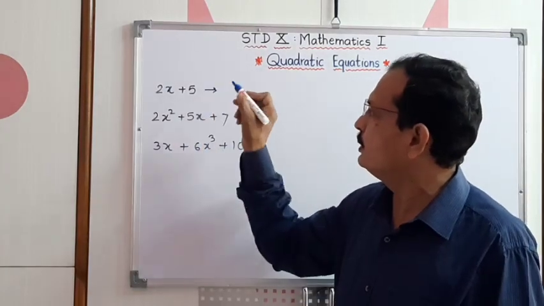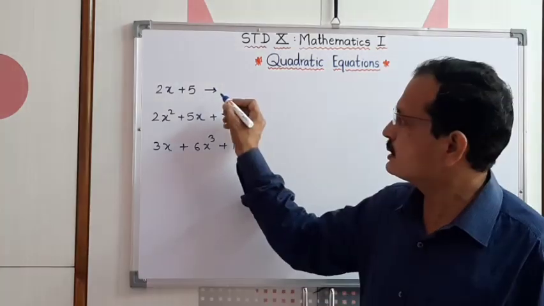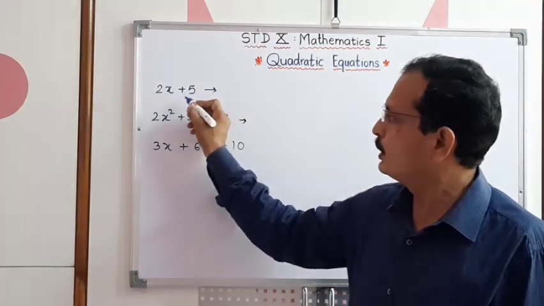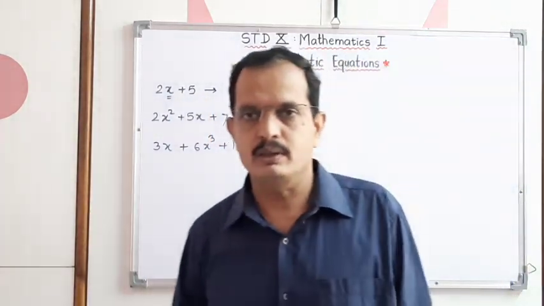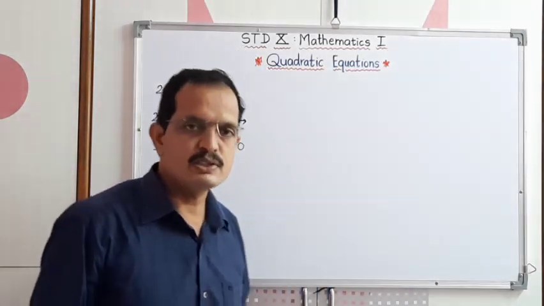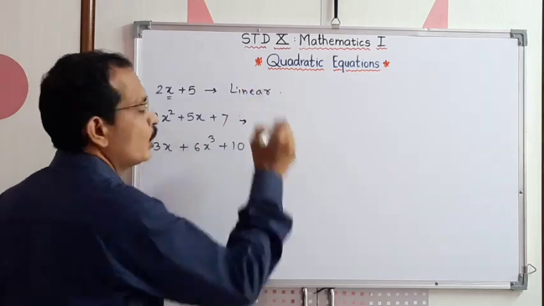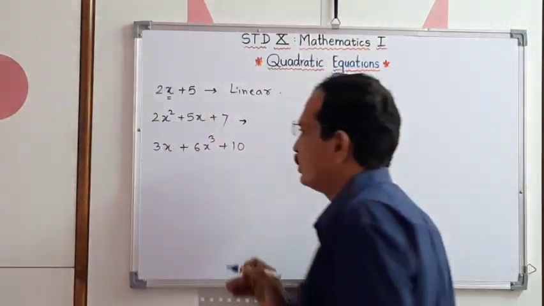Can anyone tell me what is the type of this polynomial? This polynomial is a linear polynomial because the variable is x and the degree of that variable is 1. Now see the second type of polynomial.